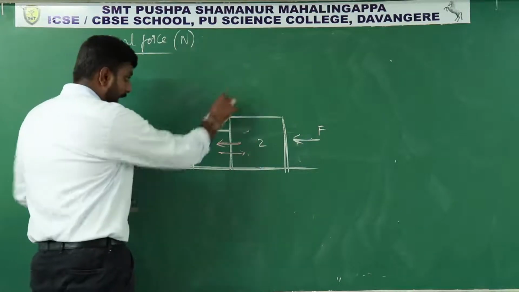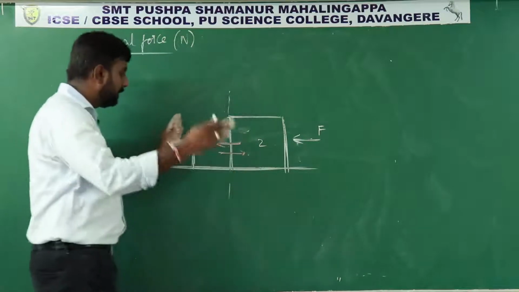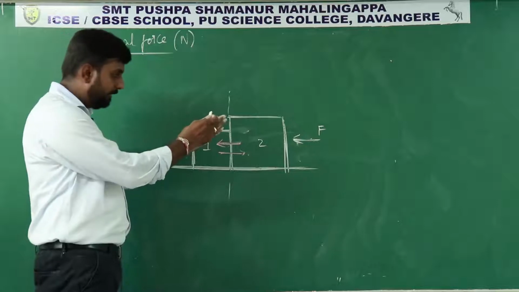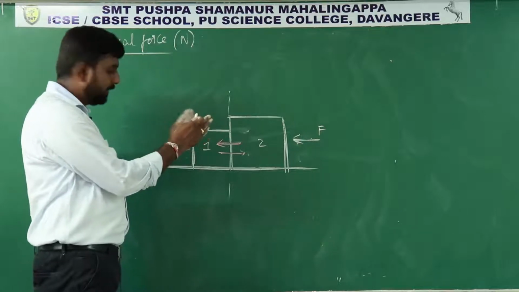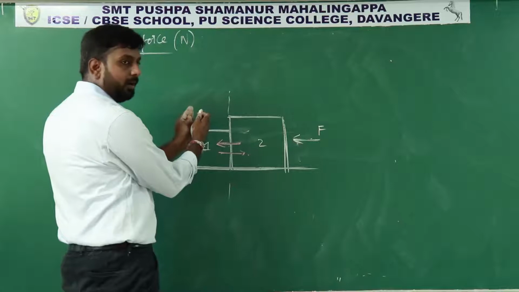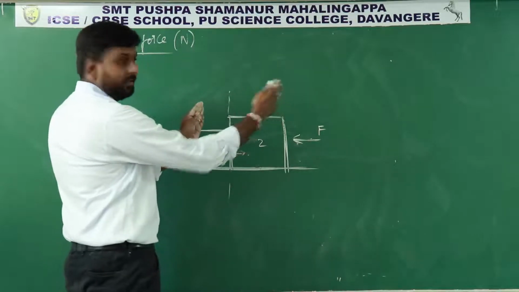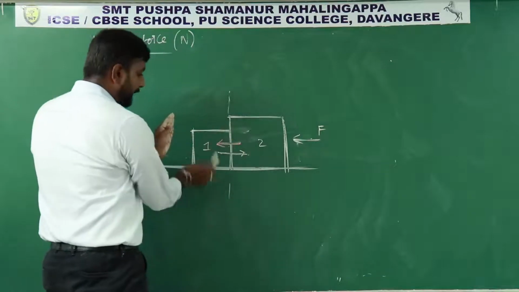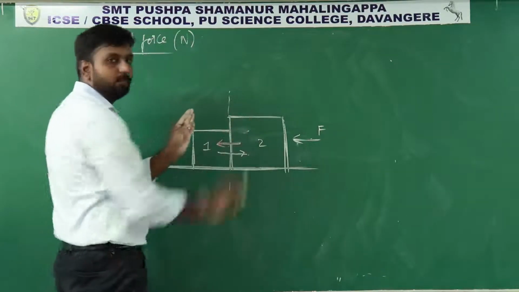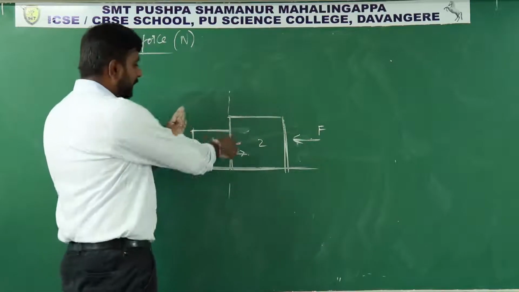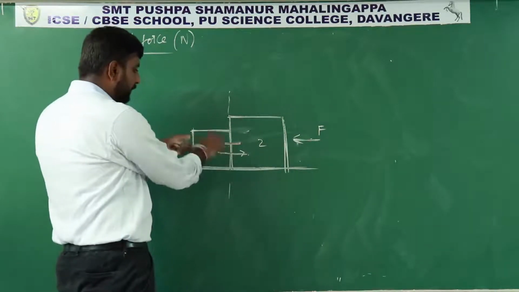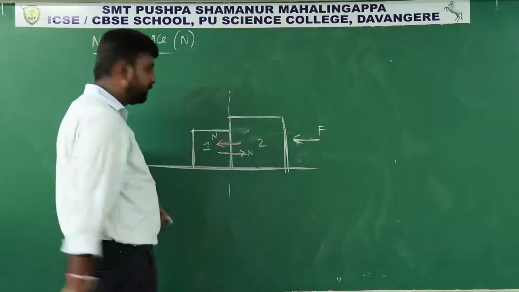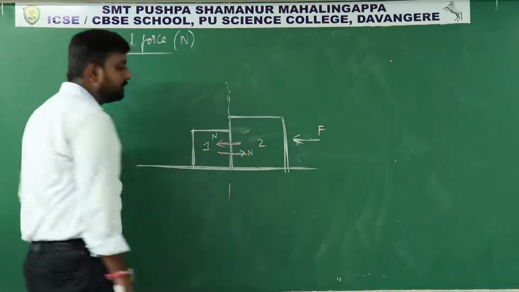Because at this contact surface, due to compression, the atomic distance will decrease. Hence, the first block will apply force on the second block atoms in this direction, isn't it? This is the direction of the force applied by block 1 on block 2. Similarly, the second block will apply force on the first block in this direction. These are the normal forces. So this is on the contact surface.